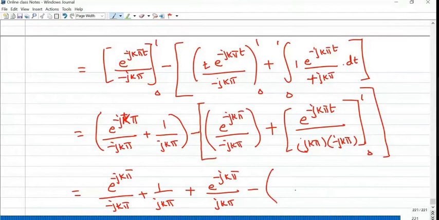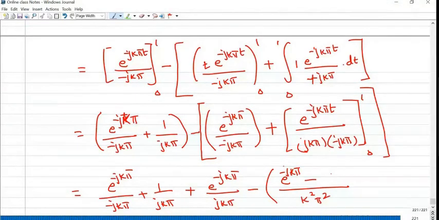So denominator j square minus 1, already one minus is there, minus minus plus. So it will get k square pi square. Numerator e power jk pi, e power minus jk pi. If we replace t by 1, then minus e power 0, 1. Okay. So this is the answer for B.